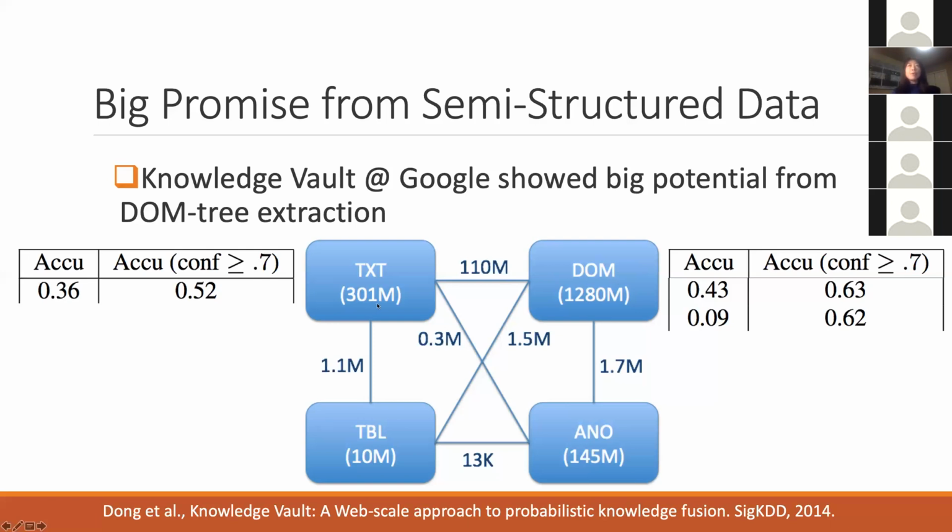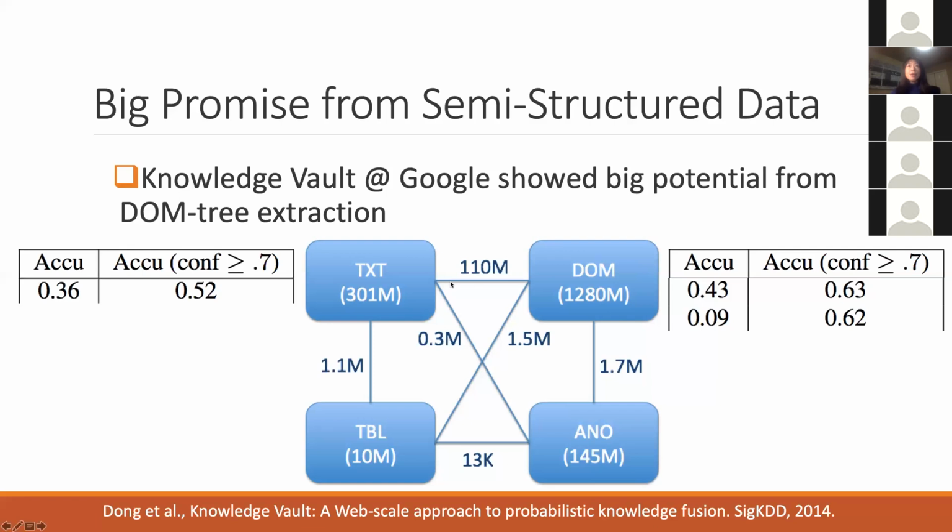That's the number of knowledge facts, or knowledge triples, extracted from each type of web content. We can see that from the semi-structured websites, we extracted 80% of all the knowledge that we extracted.